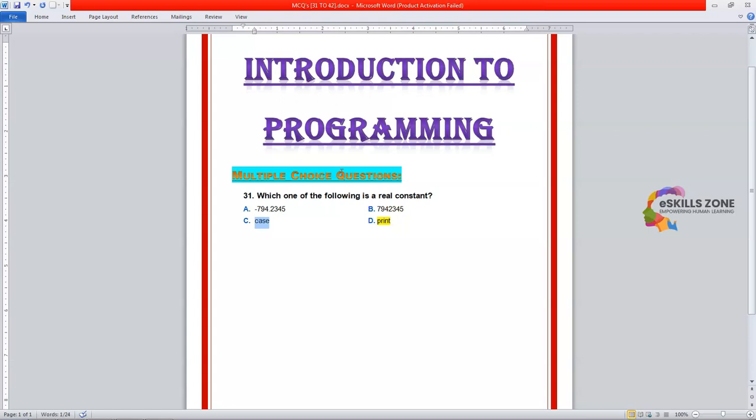C, -794.2345A. Or option D, -941.23457. The right answer is option A.